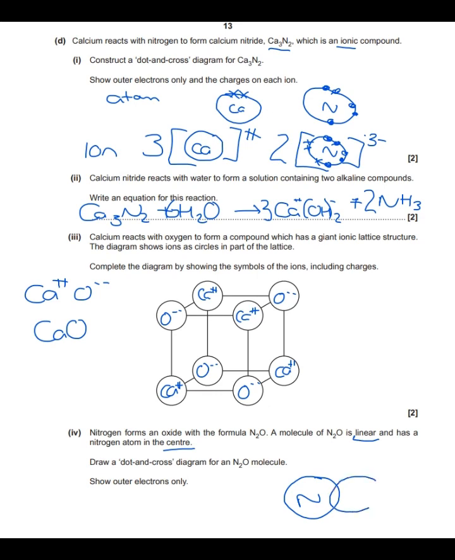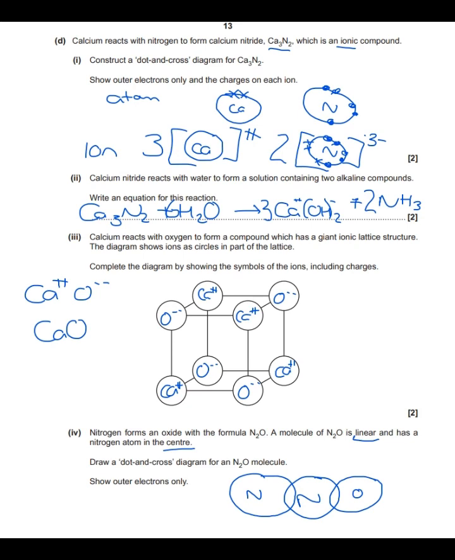So we're told that one of the nitrogens is in the center. Therefore, one of the oxygens is going to be on the one side. It doesn't matter which way round you do the outer nitrogen and oxygen, as long as in the middle we've got a nitrogen. And we're told it's linear, so there's going to be no outer shell electrons on the nitrogen in the middle. So as we looked at in the previous question, nitrogen has got 5 electrons in its outer shell.